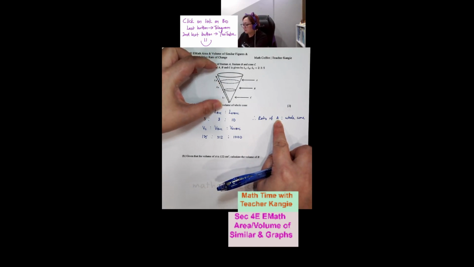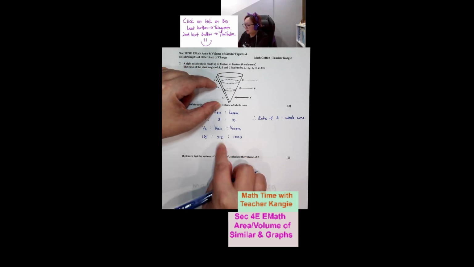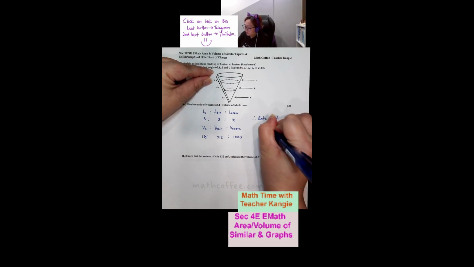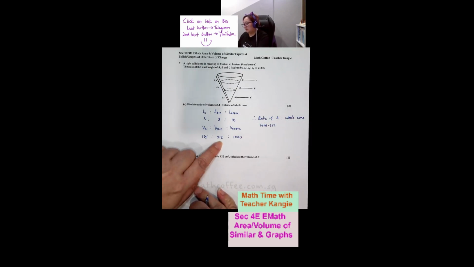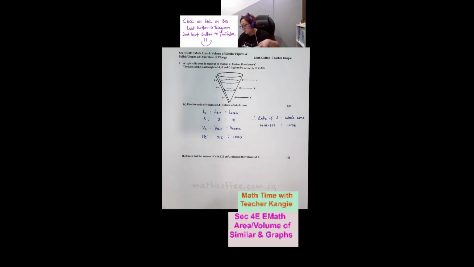We're going to take the big cone, which is 1000, minus the B plus C. Understand? 1000 minus 512 will give us the frustum A. So this part is 1000 minus the B plus C, and that will give us the A. And the whole cone, we know that is 1000. So 1000 minus 512 will give us 488 is to 1000. So reduce it to the lowest terms, so we get 61 is to 125. Done.